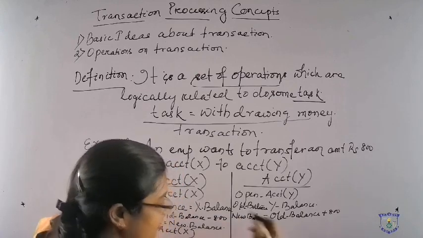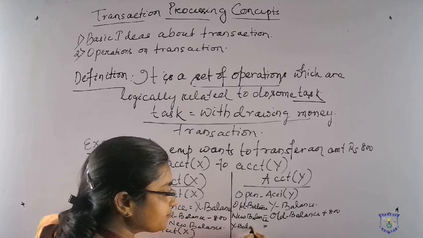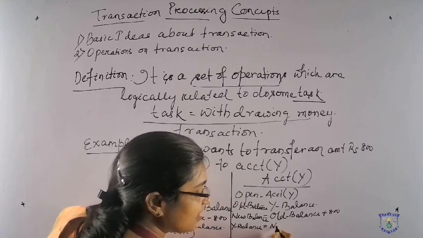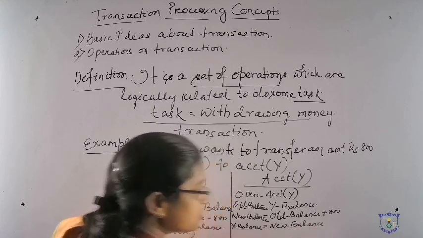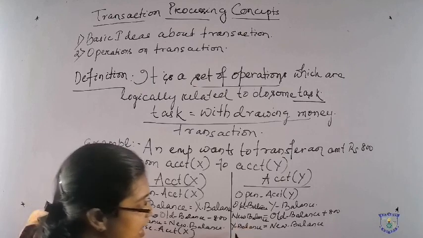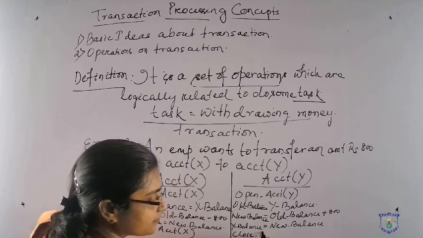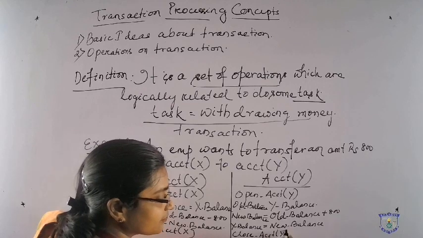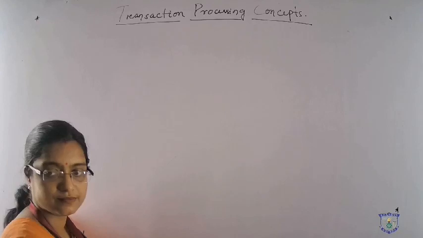Now, Y balance will be the new balance. So, with this, Y's task is also completed. Now, we will close the account of Y. With this, we have completed the transaction.